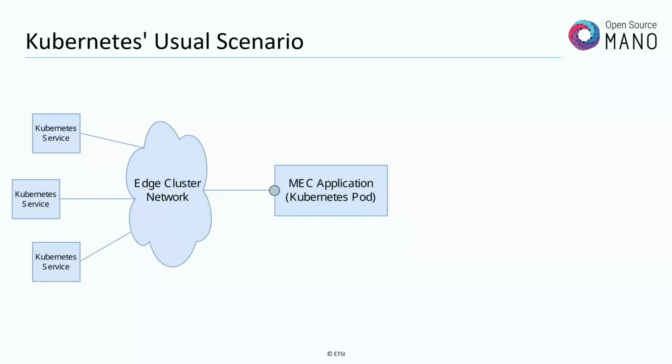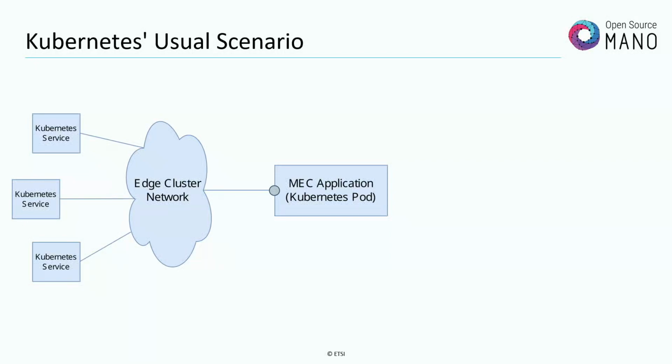This network interface is attached to the Kubernetes cluster network, and it allows the pod to communicate with other Kubernetes services, sometimes to communicate with the internet, and if you want, you can also create services to, for example, expose some service on your pod to the outside of your cluster.